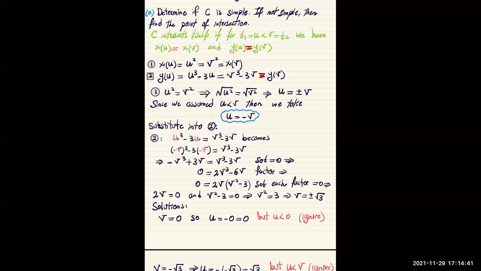And then can you quickly explain why we chose negative root 3 first? Yeah, for sure. We are assuming u and v are not equal. Guys, the key word is different t values that give us the same point.